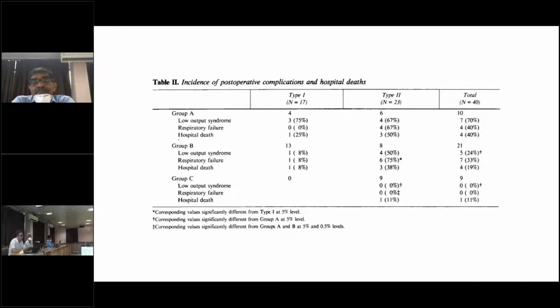They found a high incidence of low cardiac output syndrome, respiratory failure and hospital death, amounting to about 40%, in patients where nothing was done to the left atrium. When para-annular plication was done, mortality decreased to 19%. And in group C, when para-annular and between-the-pulmonary-veins plication was done, no incidence of low cardiac output was observed.